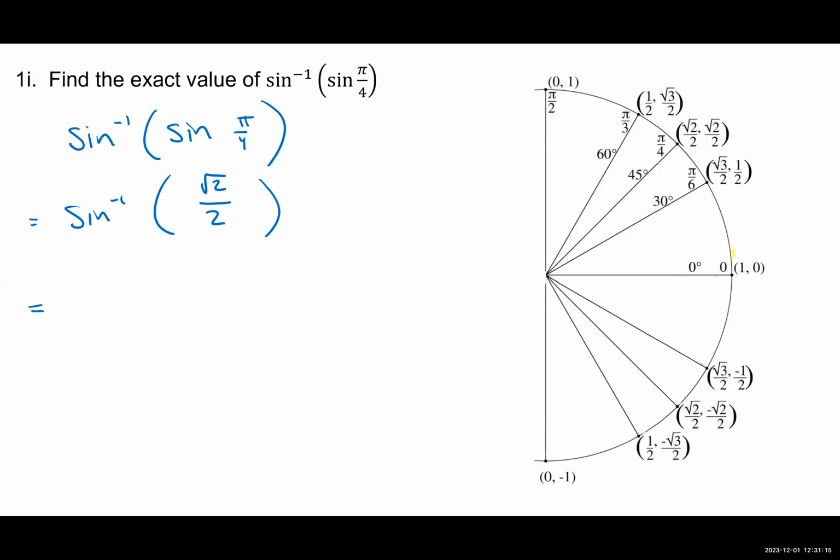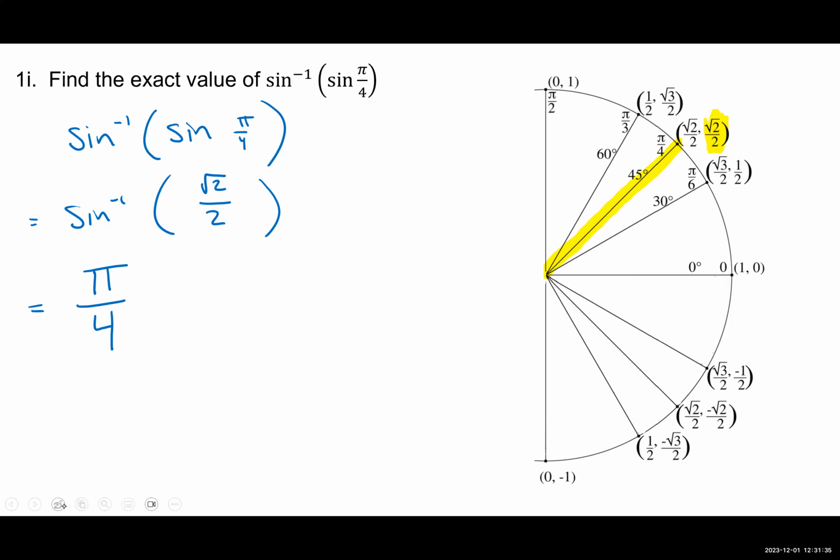So now we find square root of 2 over 2 as a y value. And the angle is pi over 4.